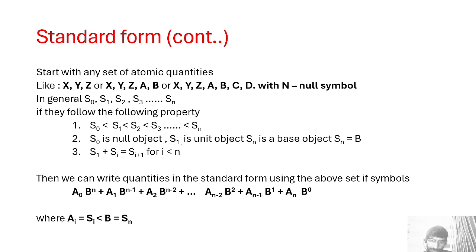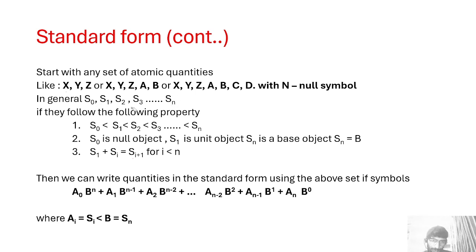And S1 is a unit object and its speciality is given by the third property, that is, adding this unit element or unit symbol with any object from S0 to Sn minus 1. Here I'm excluding the Sn, so keep that in mind.